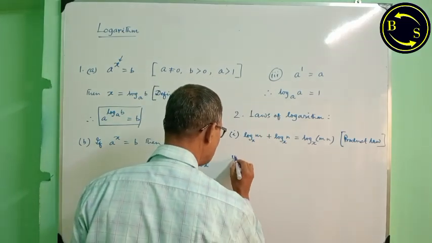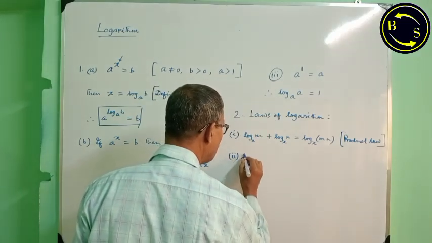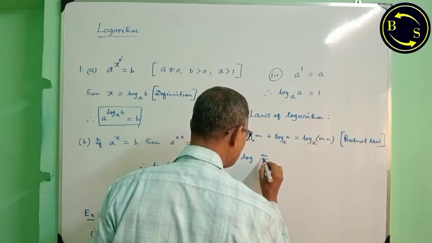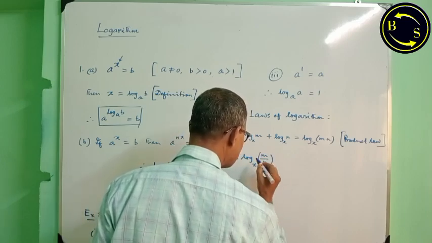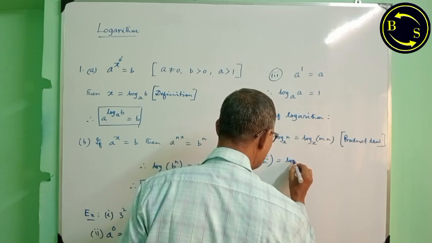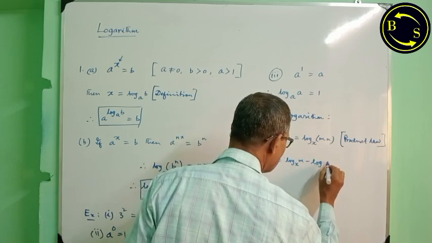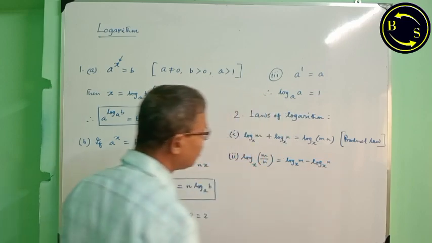Then we have log of m by n to the base x is equal to log m to the base x minus log n to the base x.